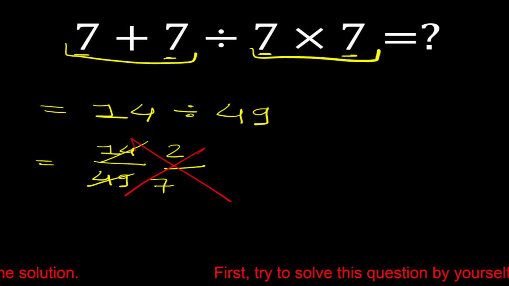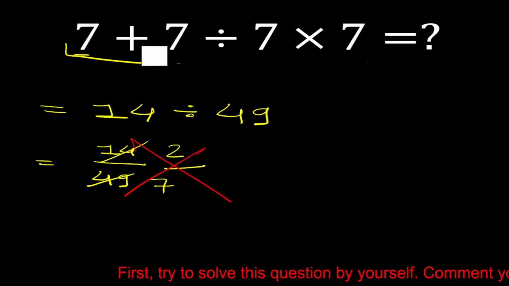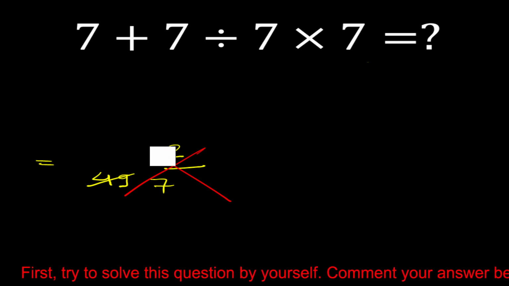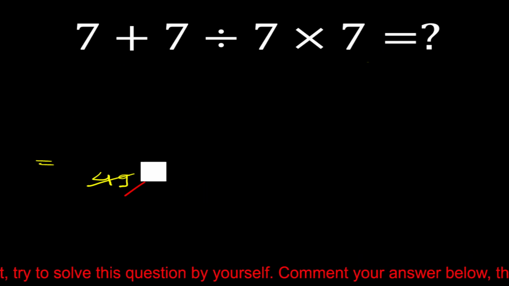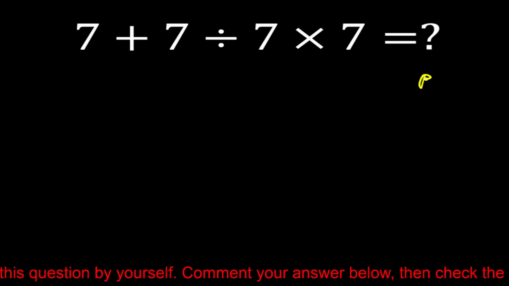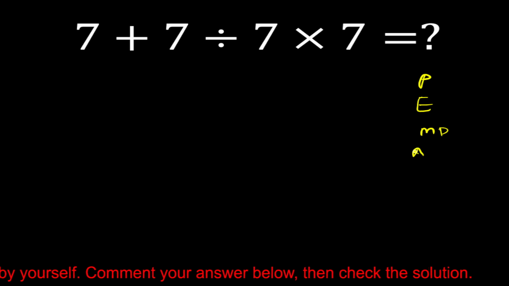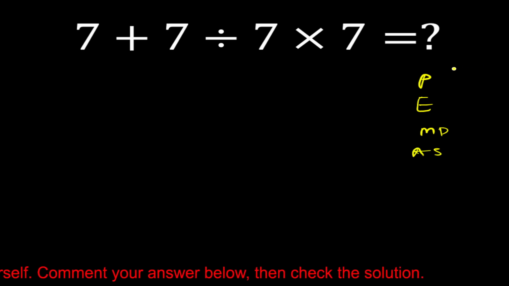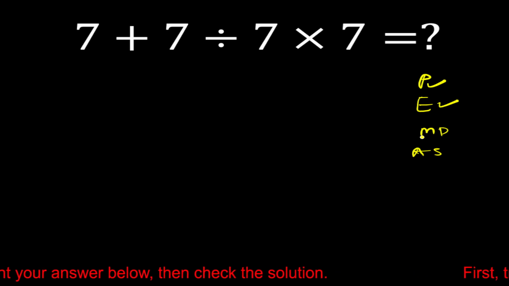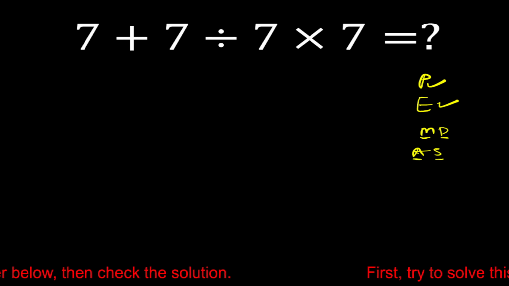Okay. Now let's solve this problem correctly by using a PEMDAS rule. So PEMDAS, according to PEMDAS rule, first priority is parenthesis, second priority is exponents, third priority is multiplication and division, and last priority is addition and subtraction.